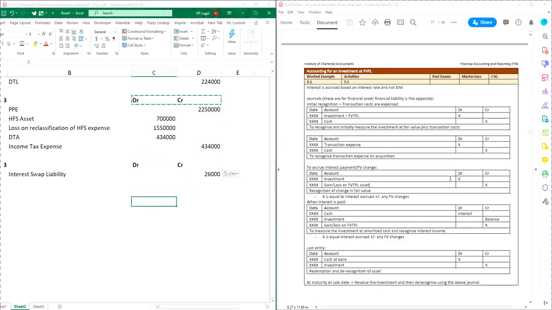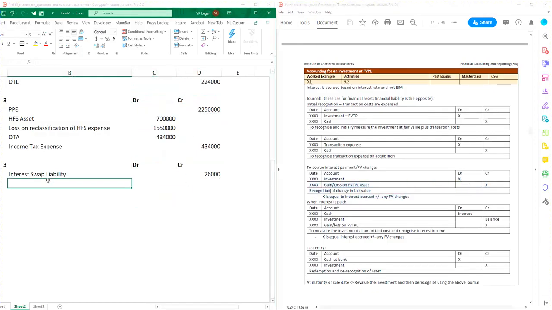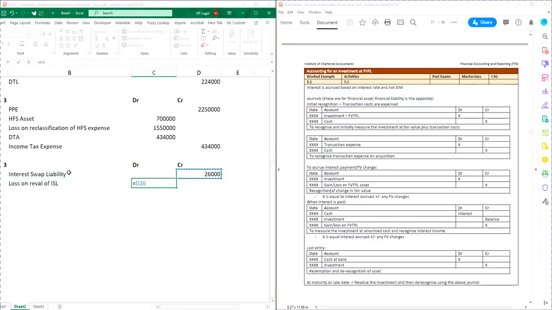And the other side per this is hitting the P&L. So what we need to do is call this the loss on reval of ISL, and then we're going to link that to that.